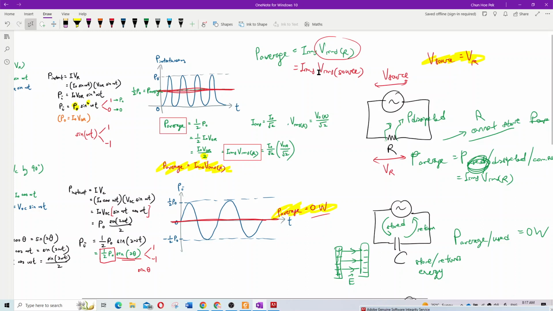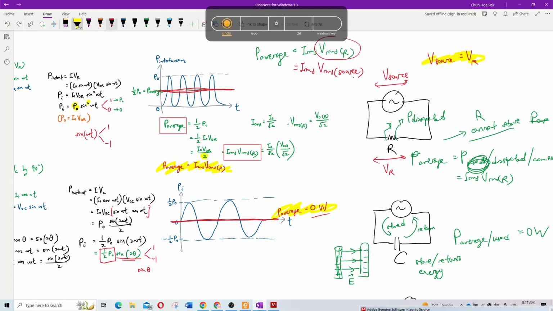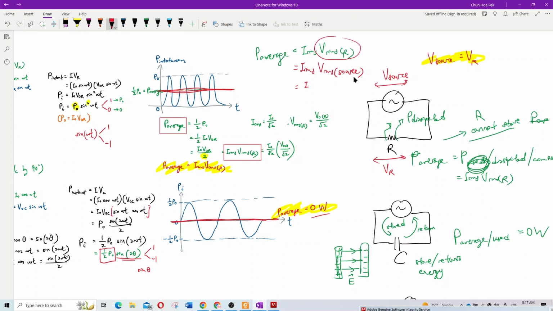You understand? So this VRMS R can change to VRMS source directly. Or you can also write it as I naught V naught source divided by 2. I did show you that IRMS is I naught over root 2, and VRMS R is V naught R over root 2. Root 2 multiplied by root 2 gives you 2.